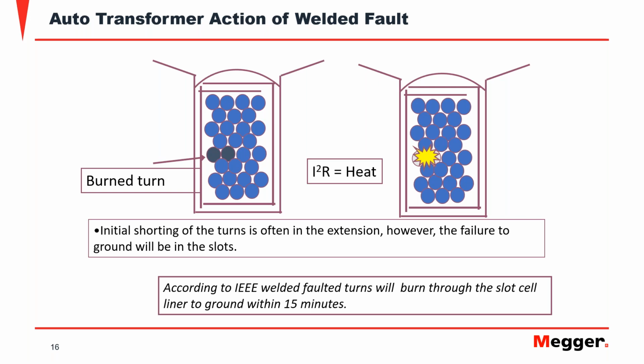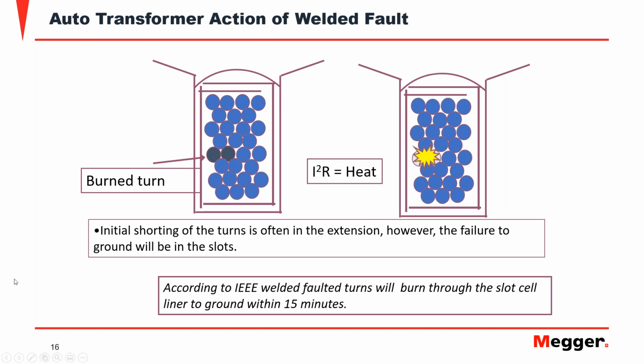So even though sometimes those faults begin in the extension of the winding, since the dissipation of heat is way poorer inside the slot, this fault, which starts at the ends of the winding, then transfers into the slot because there is much less dissipation of heat inside the slot, which means that we're going to have a lot more damage inside the slot for a fault that started somewhere else. And that's why you see sometimes the effect on the inside for a fault that actually started on the outside.